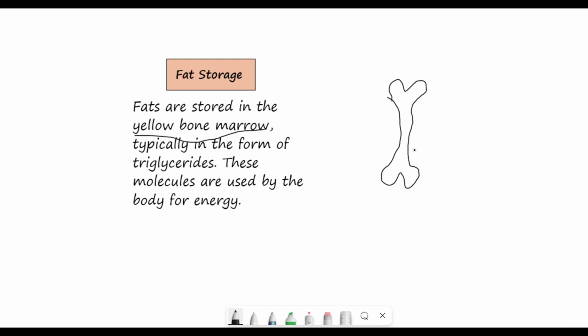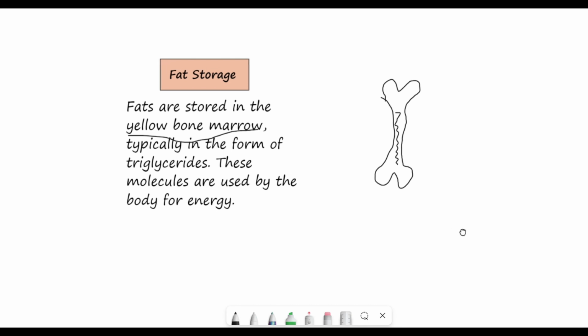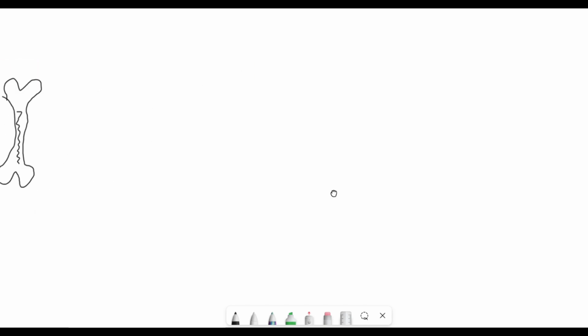So this shaft right here is called your diaphysis, and that is where your yellow bone marrow is going to be. And in the yellow bone marrow, the fats are primarily stored in the form of triglycerides. And then when the body needs nutrients, needs energy, whatever, it's going to go to your bone and get that fat from the yellow bone marrow. So very important for regulation of energy when necessary.